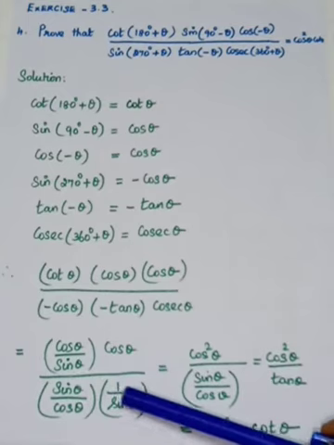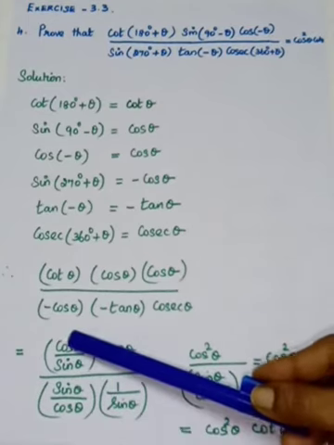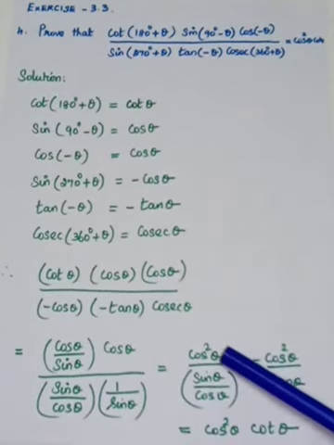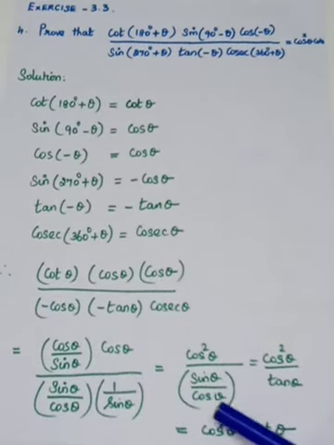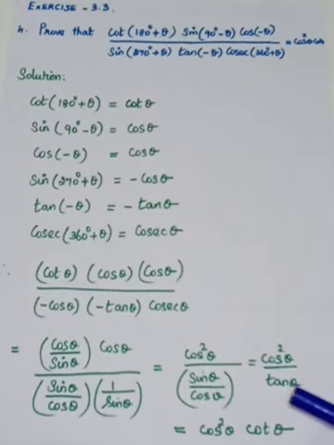Cos square theta divided by sin theta by cos theta. What is sin theta by cos theta? That is tan theta. So it is in the form of 1 by tan theta, the reciprocal of tan theta, which is nothing but cot theta. So we have proved cos square theta into cot theta.